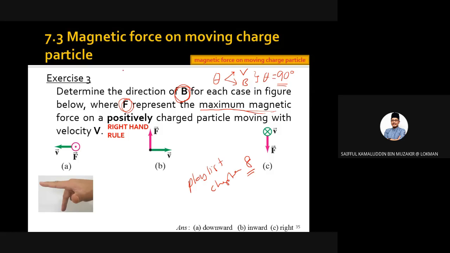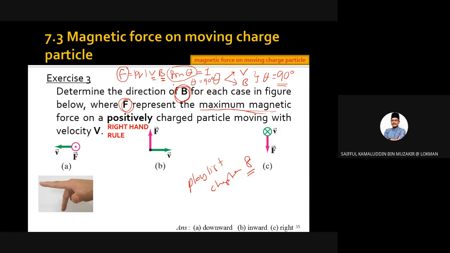Remember our formula, F equals qVB sine theta, and theta is the angle between the velocity and the magnetic field. Whenever F is maximum, sine theta equals 1, so theta should be 90 degrees.